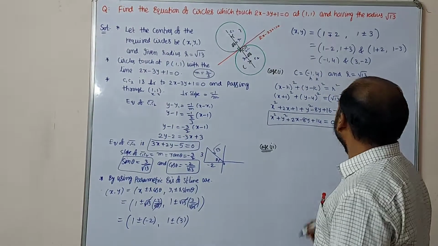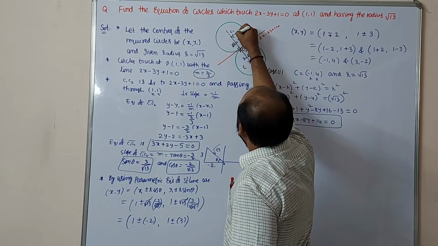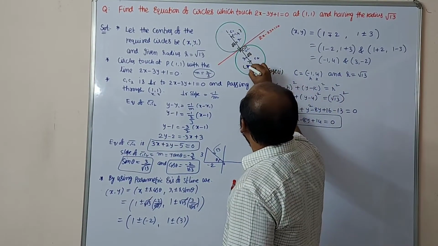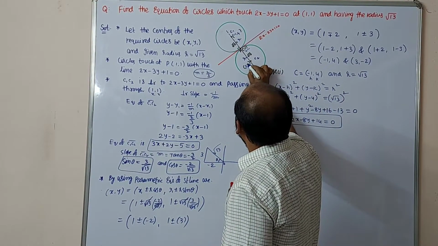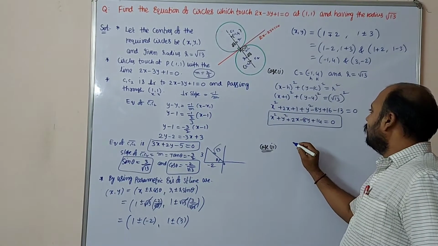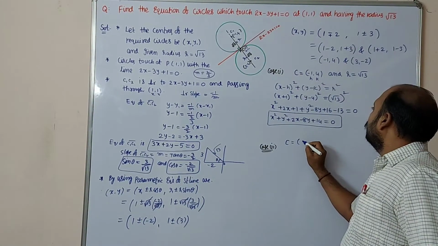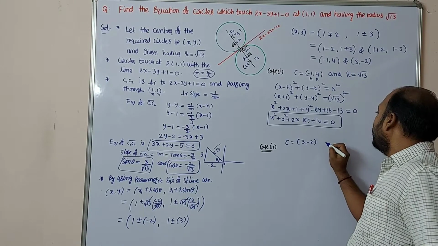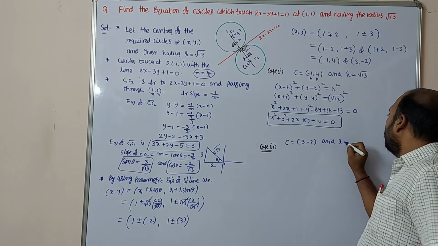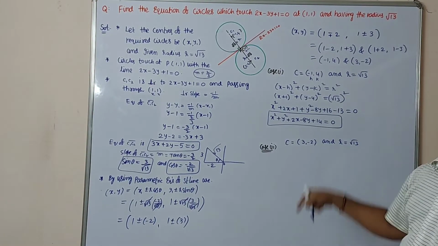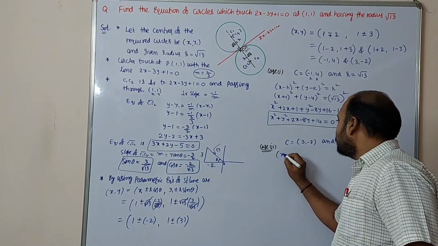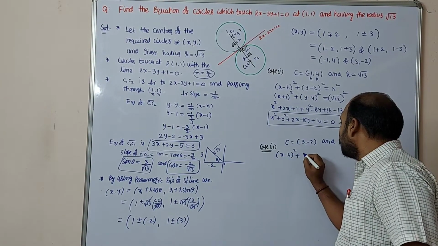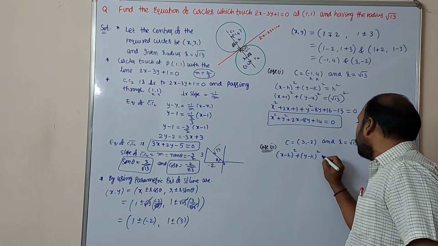In case 2, here we can write minus 1 comma 4, another one is 3 comma minus 2. Center C is equal to 3 comma minus 2 and radius R is equal to root 13. Second case, the required circle is (x minus h) whole square plus (y minus k) whole square is equal to r square.